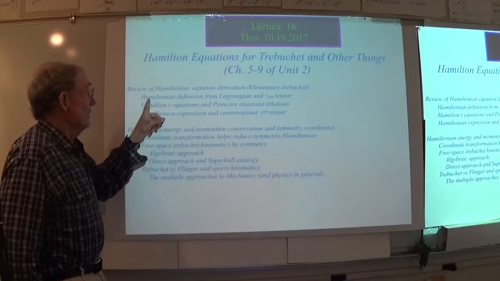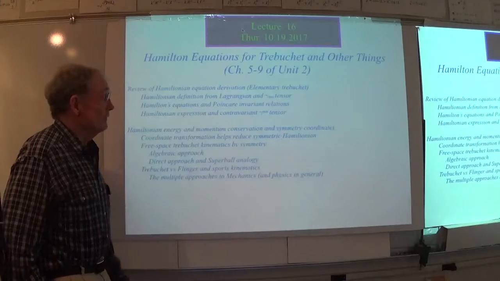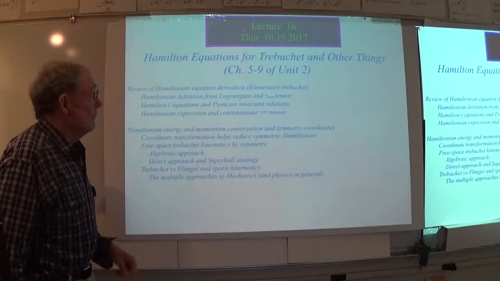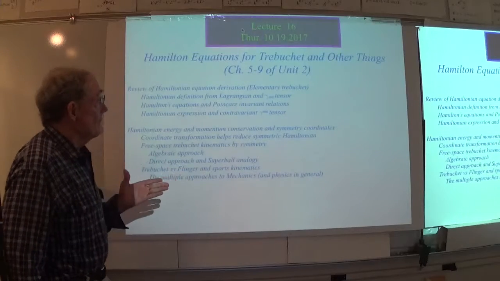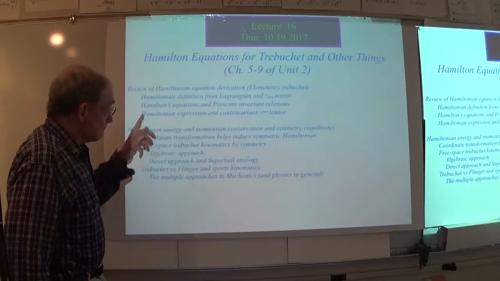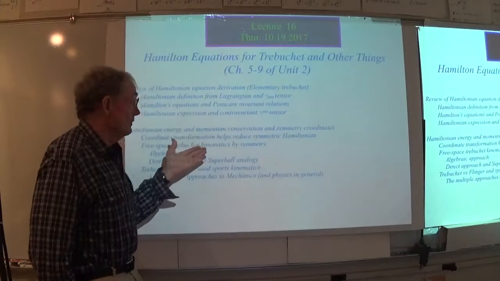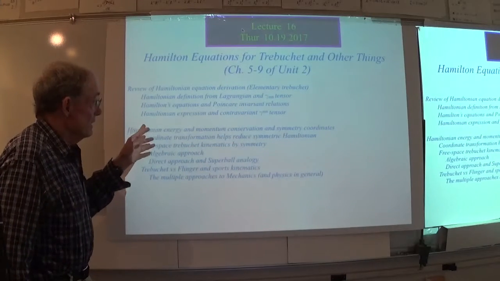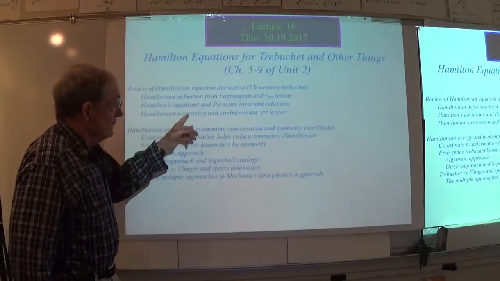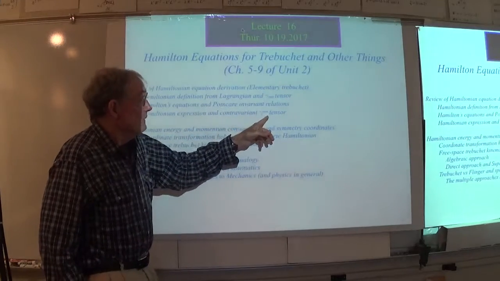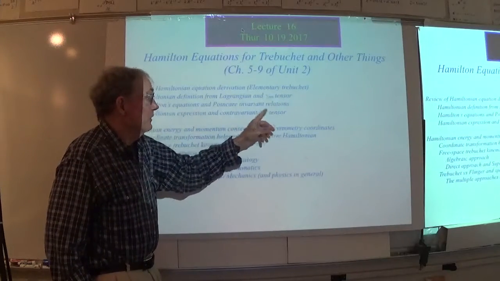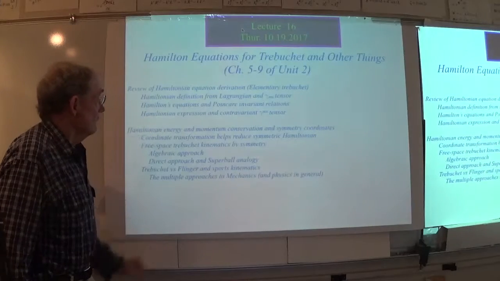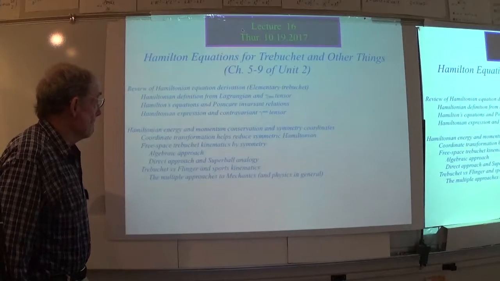But before we do that, let's go through the derivation of the Hamiltonian form and equations, and then the Poincare invariant relations. And then finally, we're going to write the contravariant metric tensor form for that Hamiltonian.